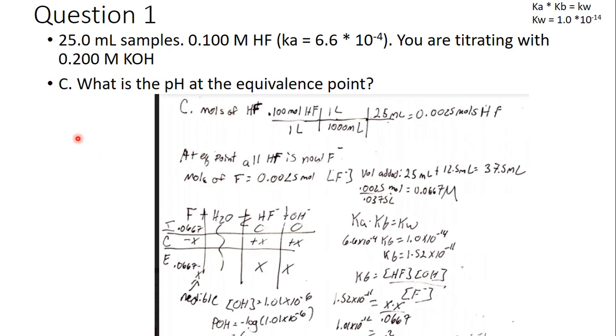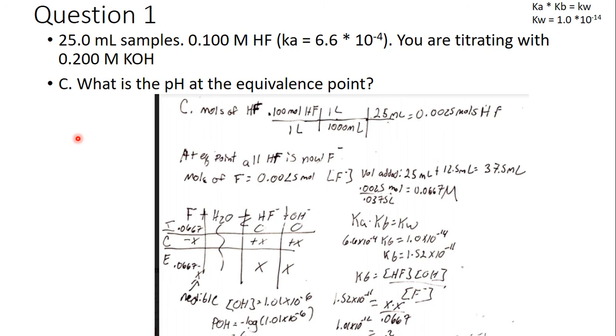C is where it gets kind of tricky. What's the pH at the equivalency point? If we add enough base to our HF, all of that HF is going to be converted to F minus. F minus is a weak base, so it's going to act like a base and create OH minus.